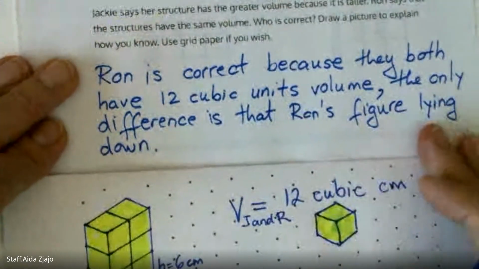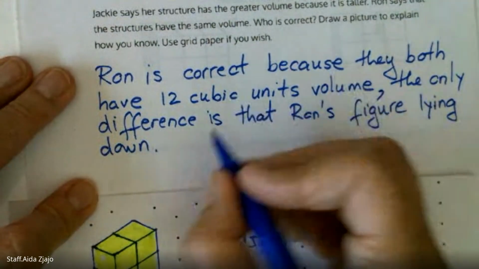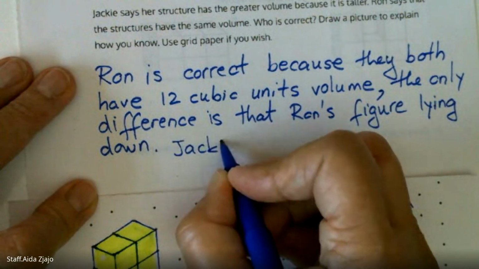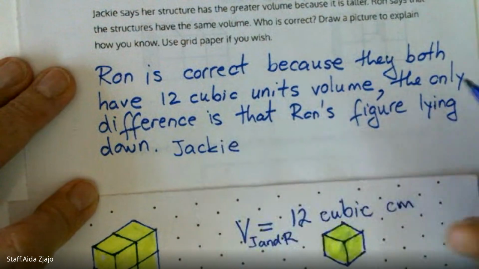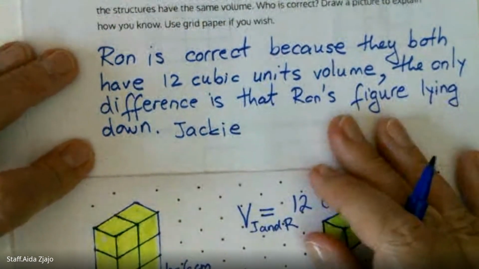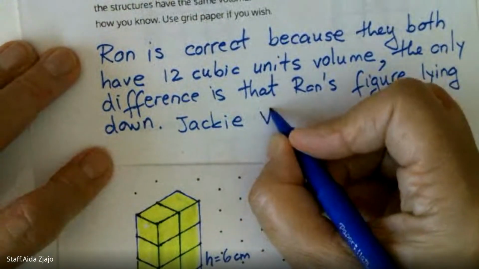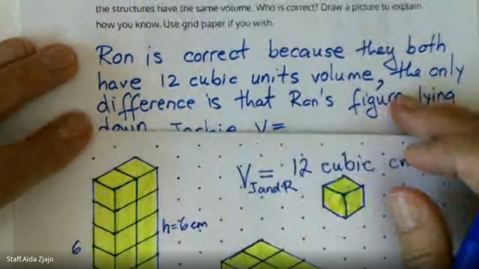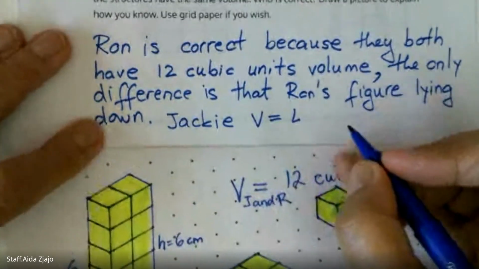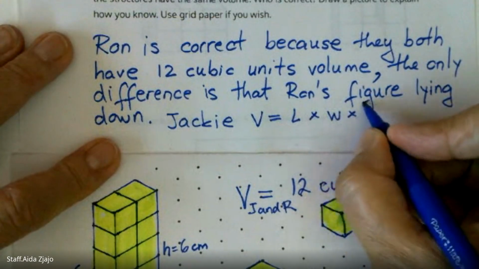So we can also compare what is different. If you think about Jackie's, we can see the values. The volume equals length times width times height.